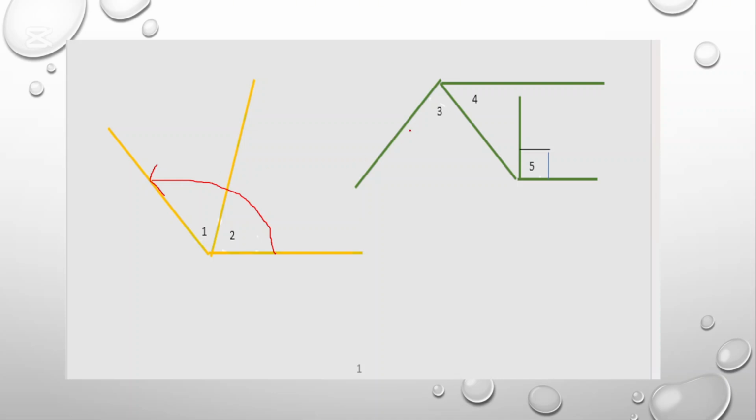I can see immediately it's not more than 90. So it's an acute angle. Number 5, right angle. Number 4, what do you think? Yes, acute angle. And again, if I take 4 and 3, what do you think? That looks like more than 90, and that will be our obtuse angle.